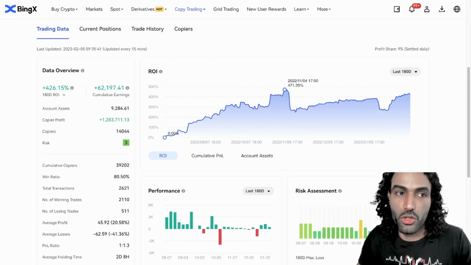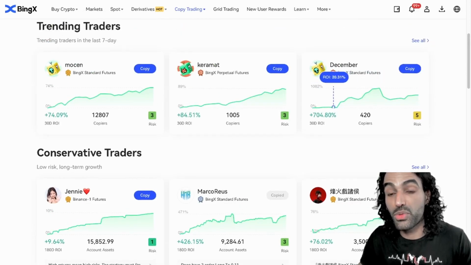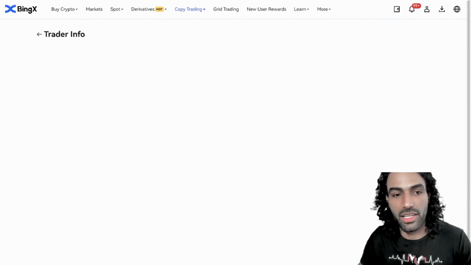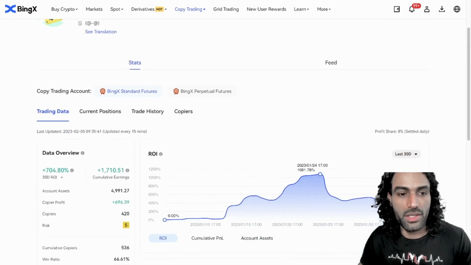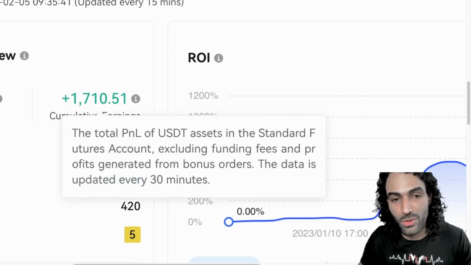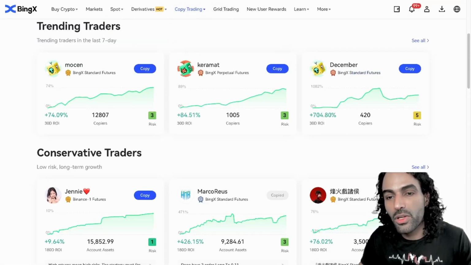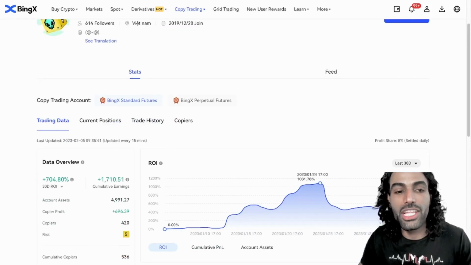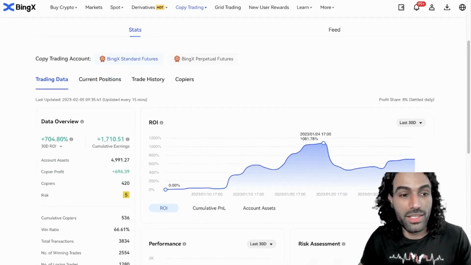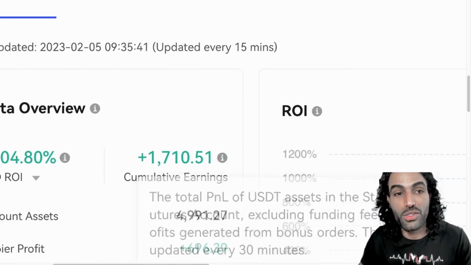Okay, because if we go to the other trader, as we said, he has 7,000% ROI. If we click on him, you see the cumulative earning for this trader is just 1,000. So don't look for the ROI, but look for the cumulative earning of each trader. Here the ROI is really big, but the cumulative earning is just 1,000.